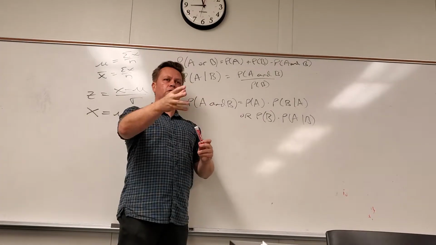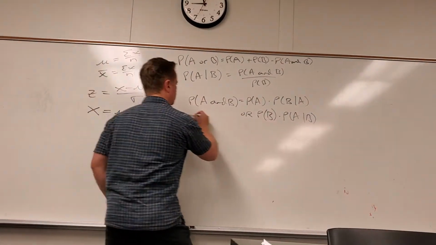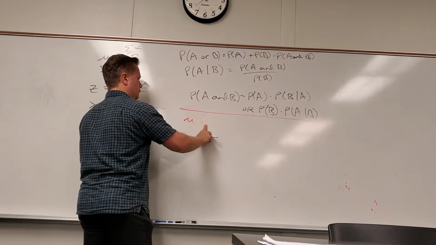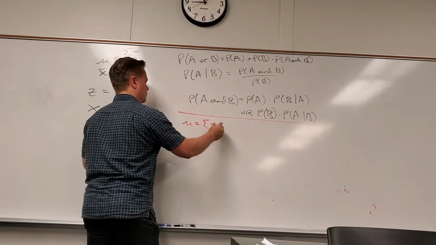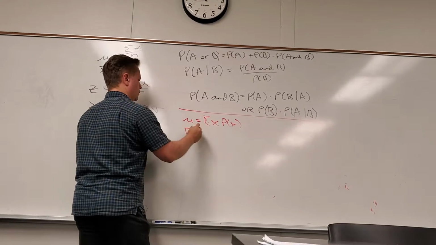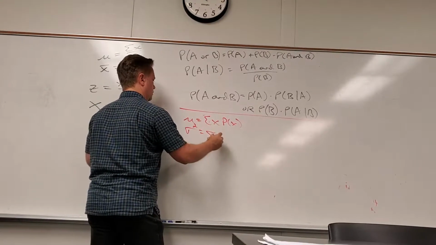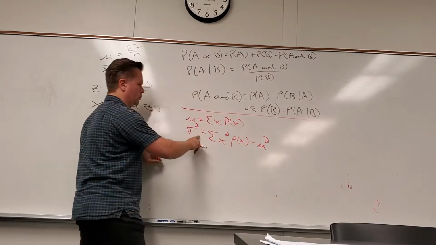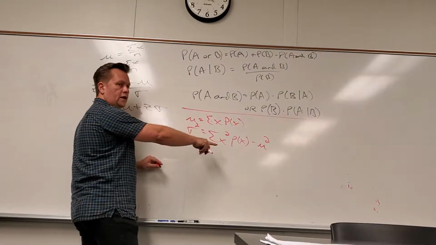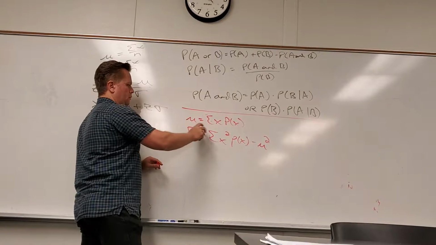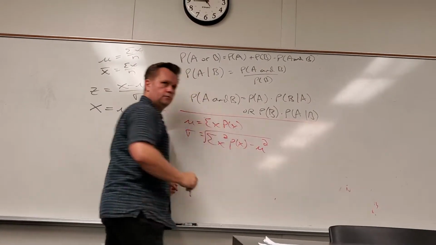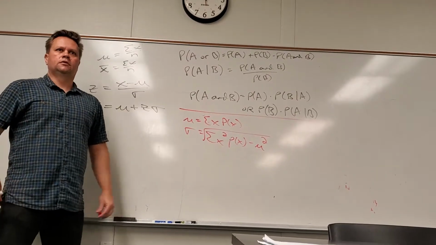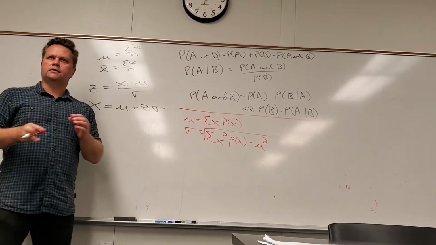Then we get to chapter 4. Chapter 4 was the P of X stuff. I don't know which way you want to do it. You could do sigma squared equals that, or you could do sigma equals the big square root of all that, right? Just don't forget to square root. Otherwise you got the variance, not the standard deviation.